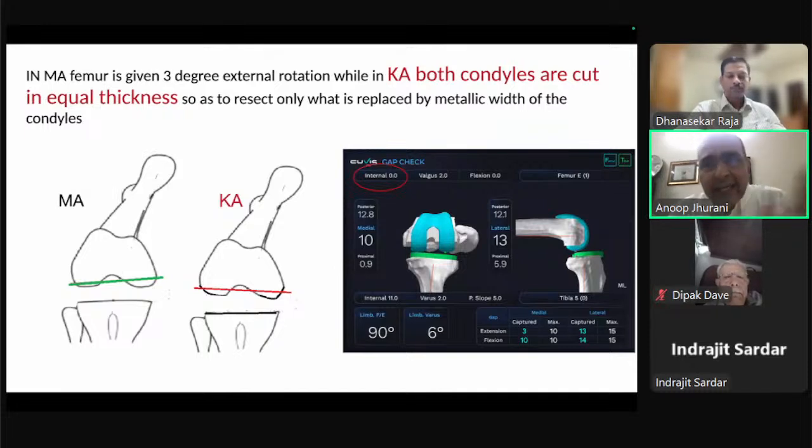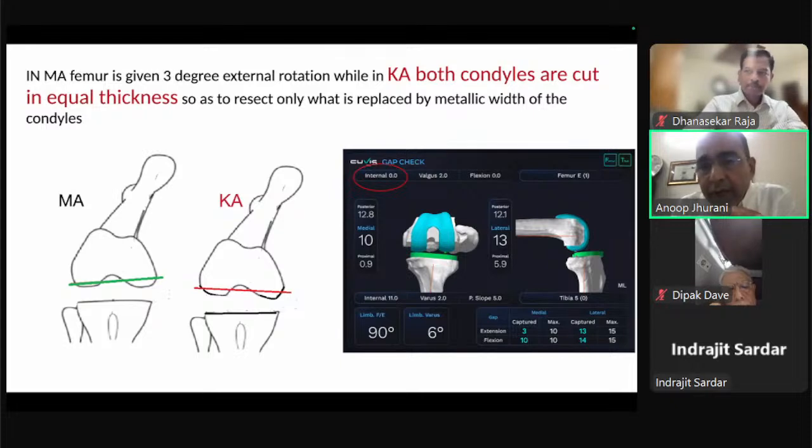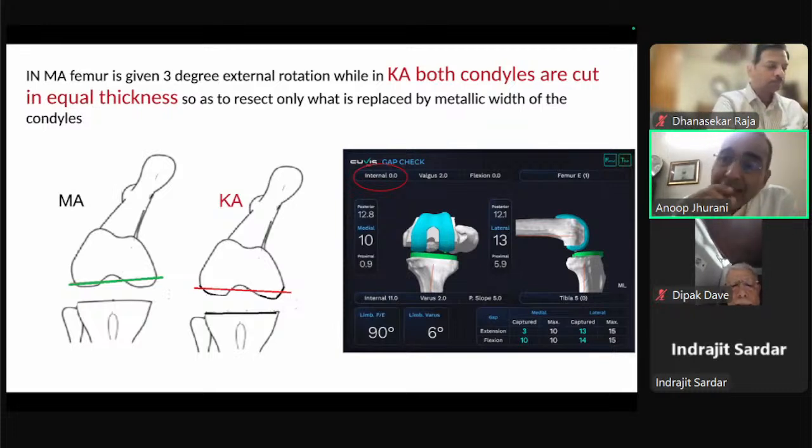Now again, the green is mechanical and the red is kinematic. While mechanical alignment says that you externally rotate the femur by 3 degrees. Why? Because you cut the tibia perpendicular, you externally rotate the femur component by 3 degrees, and you open up the medial space. While the kinematic alignment concept is that you cut equal.